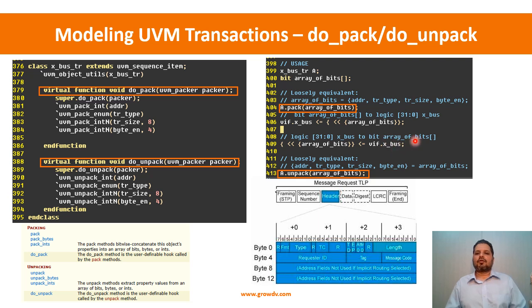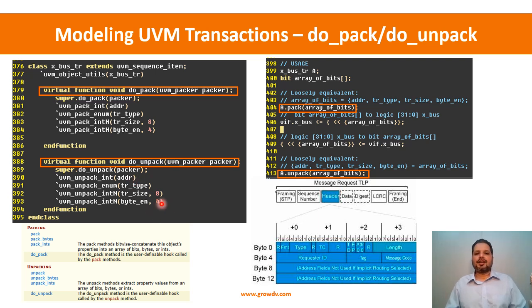This 32-bit logic is getting converted into an unpacked array of 32 bits, and when I pass that unpacked array to a.unpack, it will take those 32 bits and distribute them back to these particular fields with the appropriate size. So that's the way the unpack works.